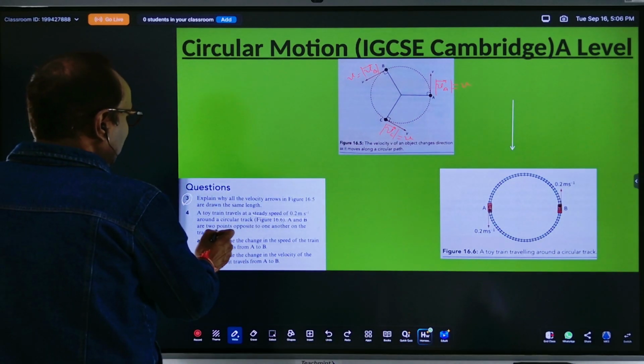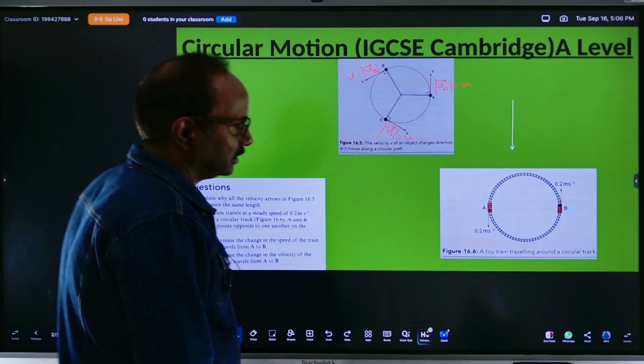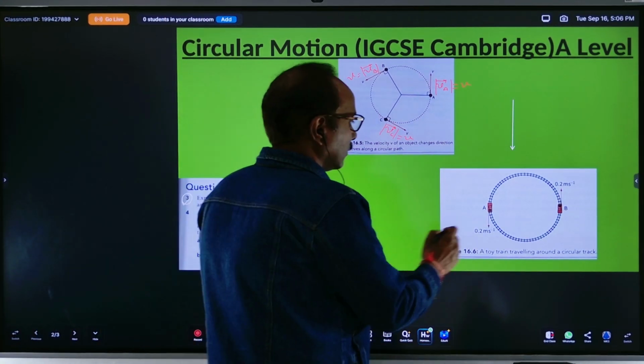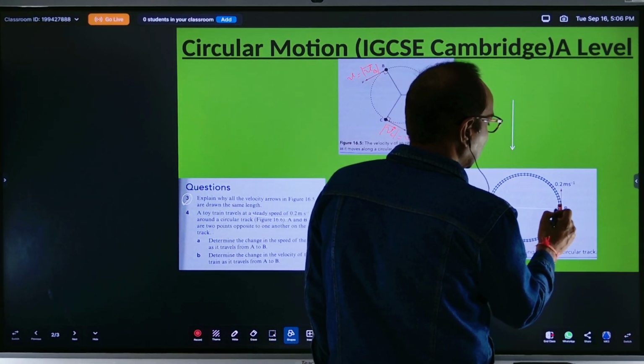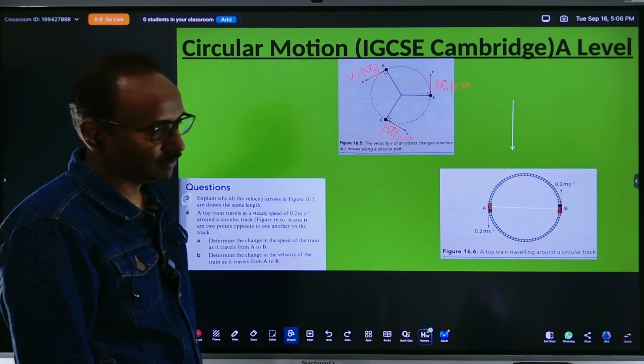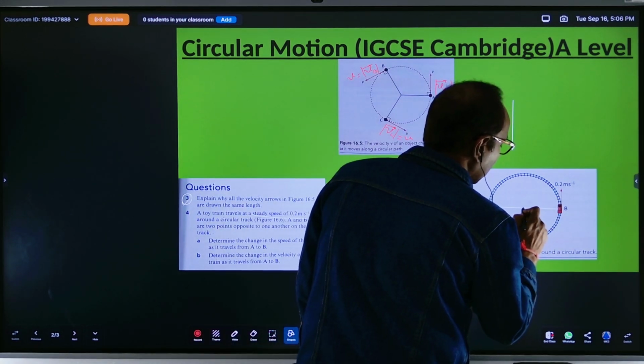And A and B are 2 points opposite to one another on the track. A and B are exactly opposite to each other. Means the line which we draw is passing through the center of this circular track.